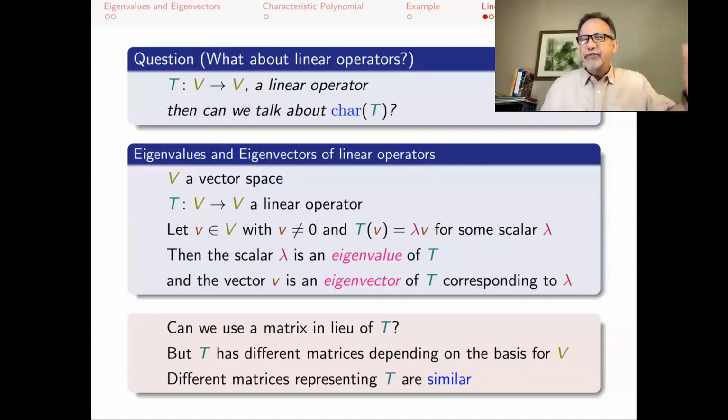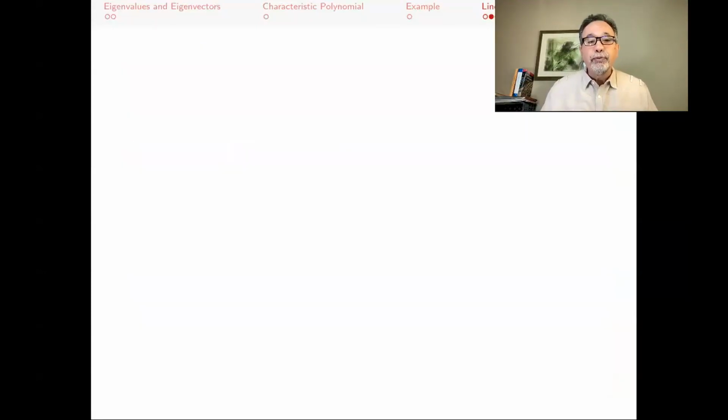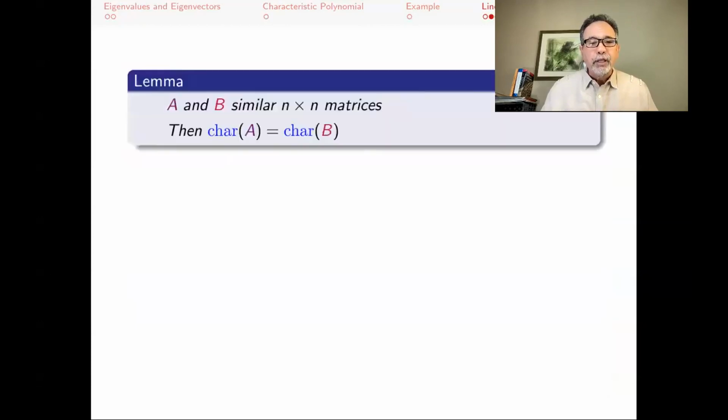And again, I gave sort of a proof just a second ago, but I'll now give a formal proof of that fact. So let's say that A and B are similar n by n matrices. What does that mean? The definition is that A and B are similar if B is P inverse AP for some matrix P. But the way we understand that, again, look at the video for similar matrices, is that A and B are the matrices of the same linear transformation with different bases.